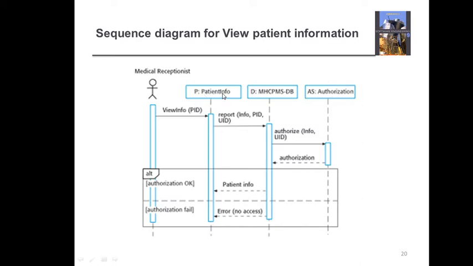So Patient Info is a class with P as an instance of this class. Likewise, we have a mental health care patient management system database, and the instance created for this is D, and we have an authorization class and the instance created is AS.